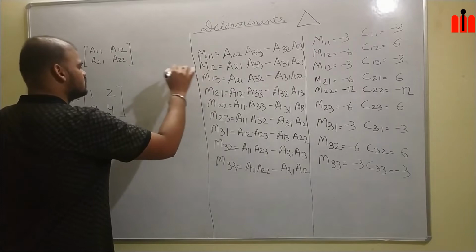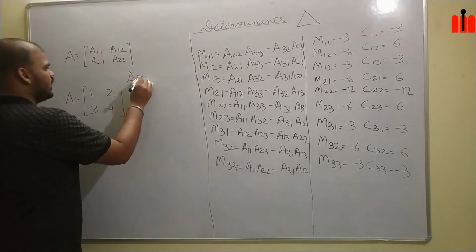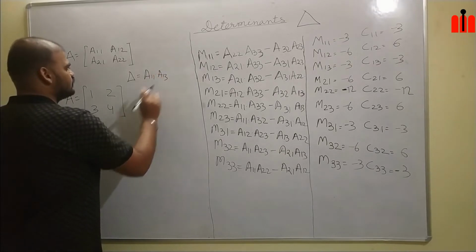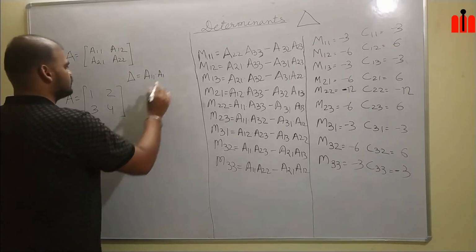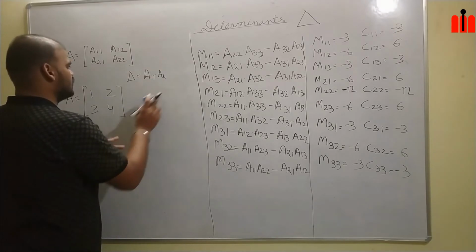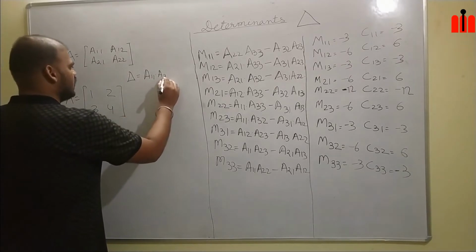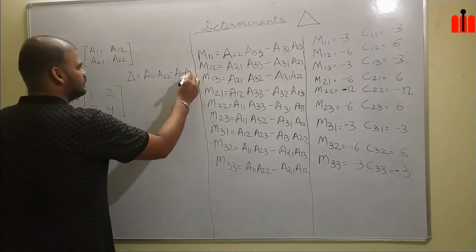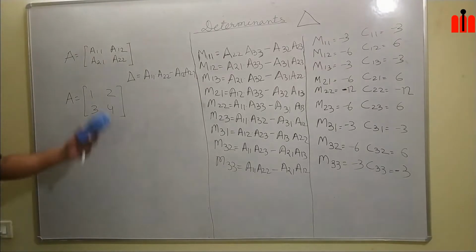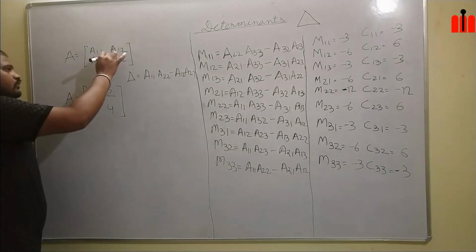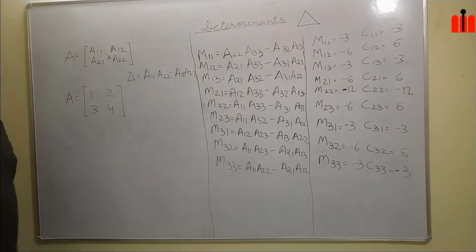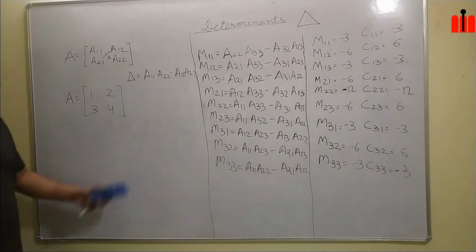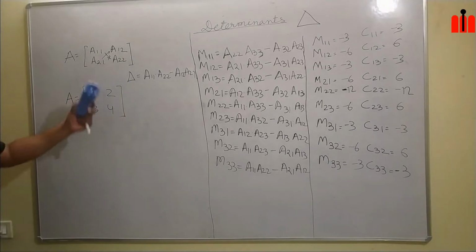So delta equals A11 into A22 minus A12 into A21. A11 into A22 is left to right down, and the other is left to right up. This is the determinant for this 2 by 2 matrix.